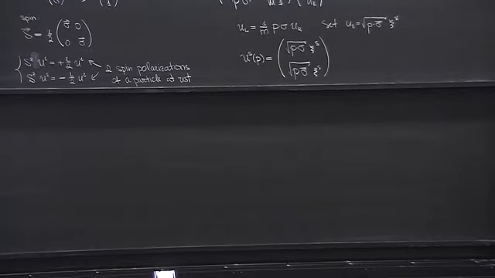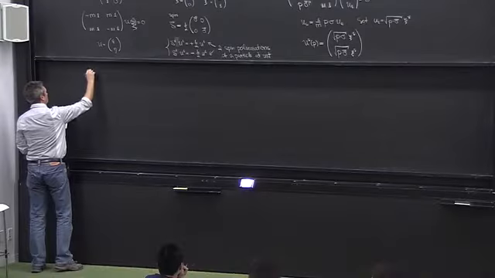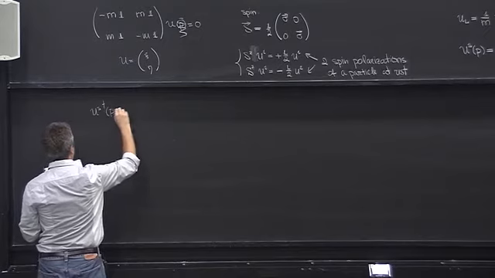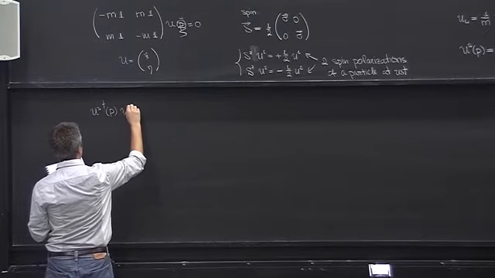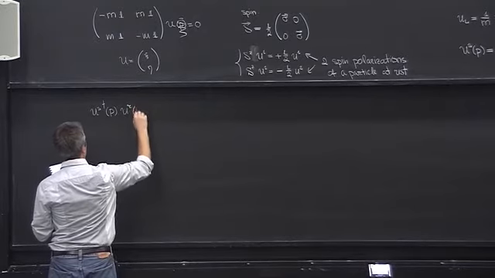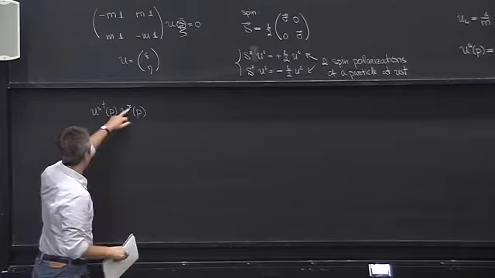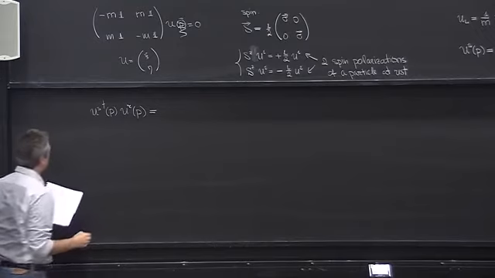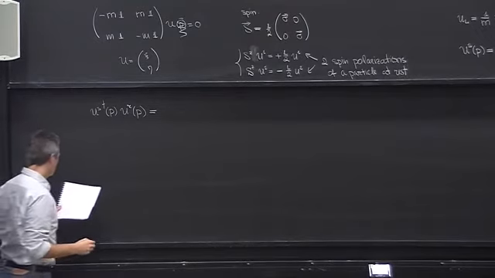There are a few useful formulas. One is the normalization of this solution. If you take a Hermitian conjugate of u and contract it with another u with the same momentum but different spin, then the solutions with different spin are orthogonal.